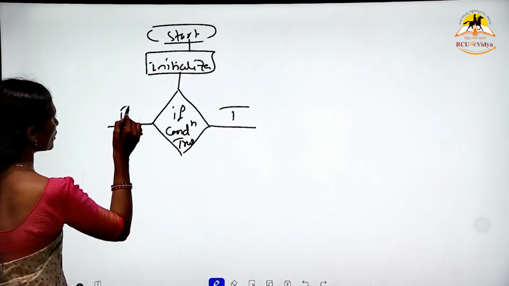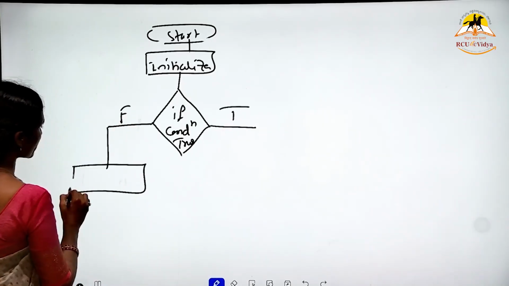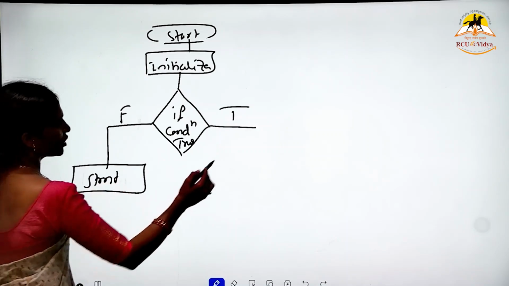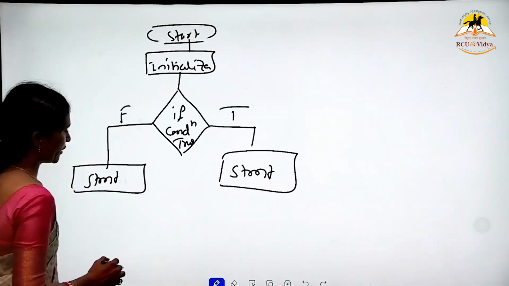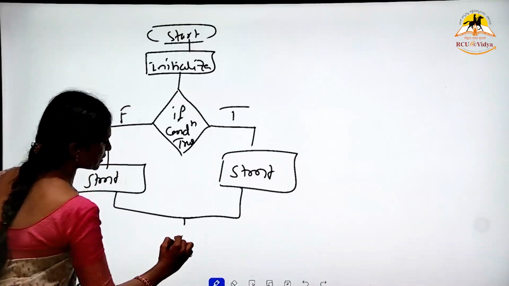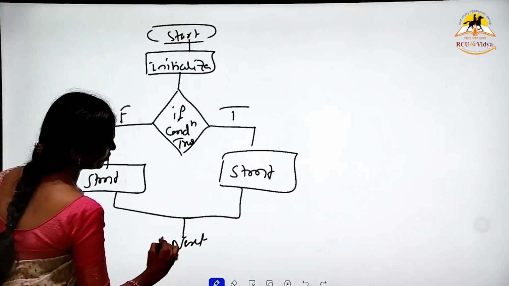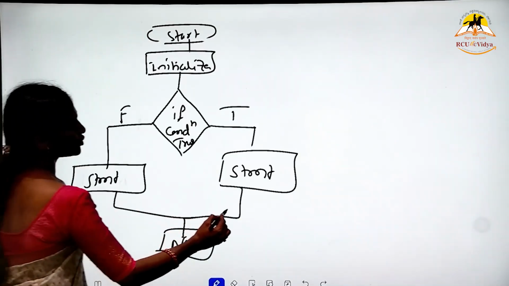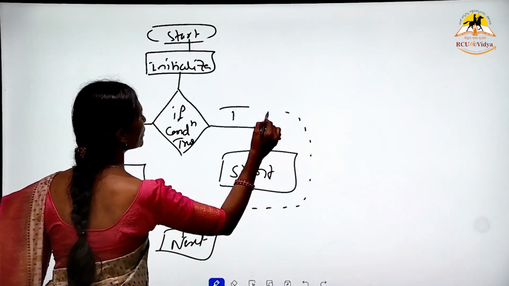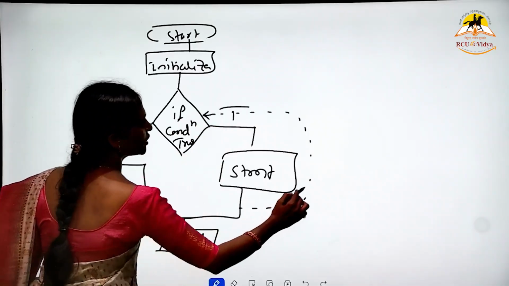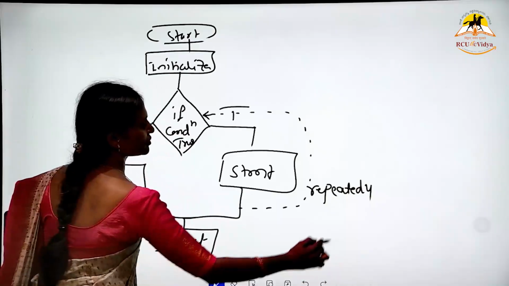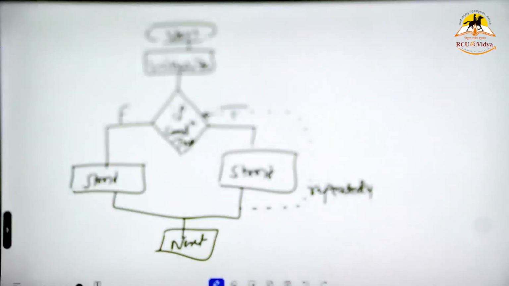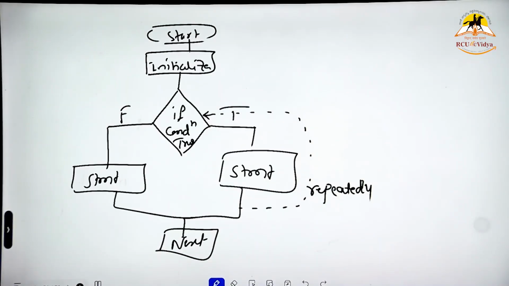If true, one block will execute. If false, that block will never execute, and the next statement is going to execute. If true, it executes again and goes back for repetition. This will be repeatedly executed. So this is the for loop.